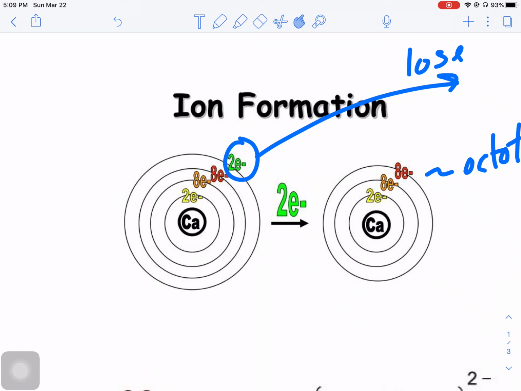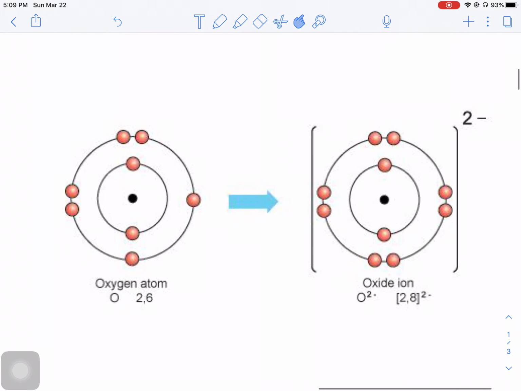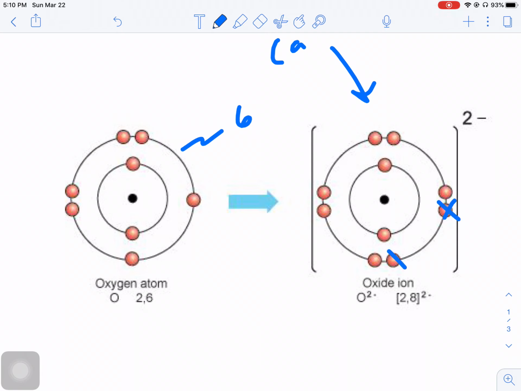Most likely, they're going to go to an element like oxygen. So oxygen has 6 valence electrons, and if it gains those 2 electrons from the element calcium, this spot has been filled and this spot has been filled, and now oxygen has a stable octet. And when it gains 2 electrons, it will have a -2 charge.